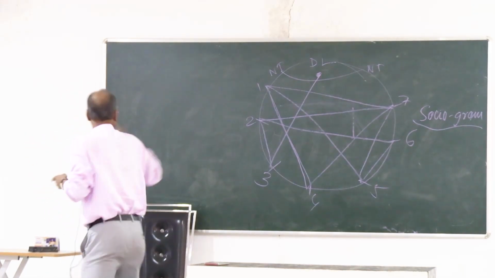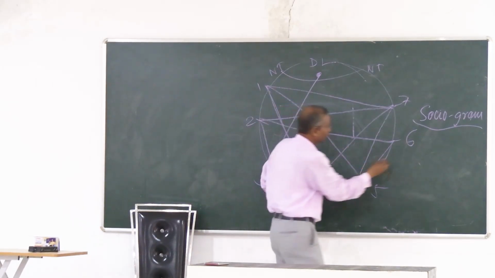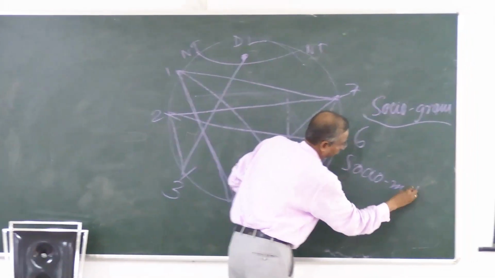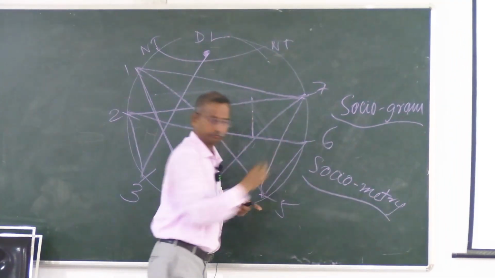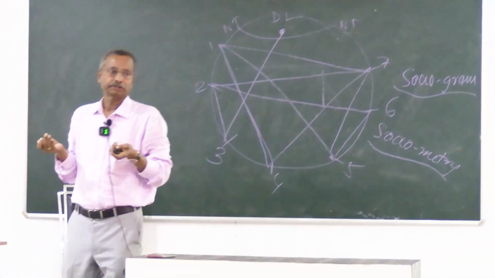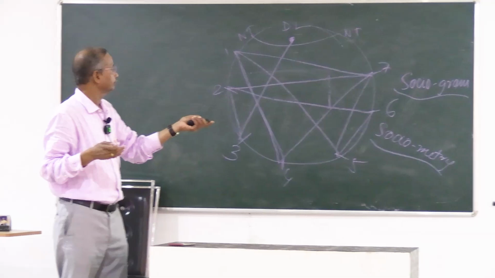The pattern of communications, the way they were communicating, this technique is called sociometry. So with the sketch itself we can say whether the group discussion is fruitful or not.